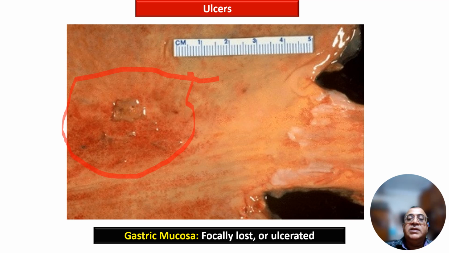There is a large ulcer and several small ulcers adjacent to the large one, and each of these ulcers is surrounded by an area of redness called erythema. There is a predisposition for bleeding and pain, and these ulcers can even extend through the wall, resulting in perforation in the GI tract.